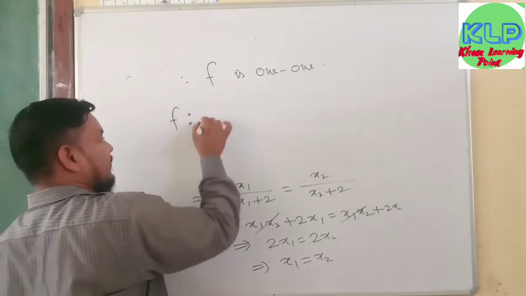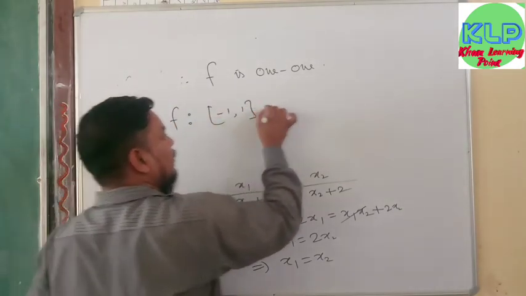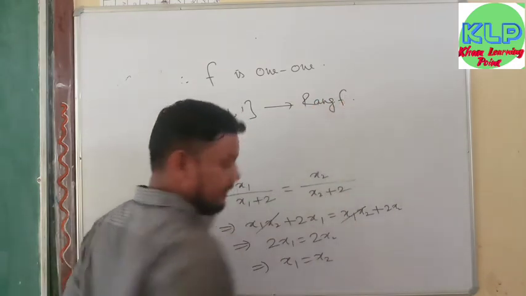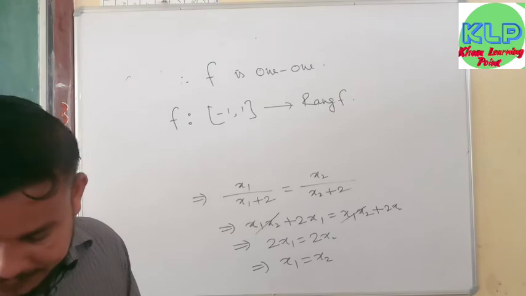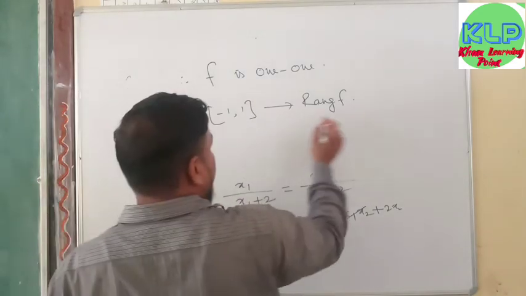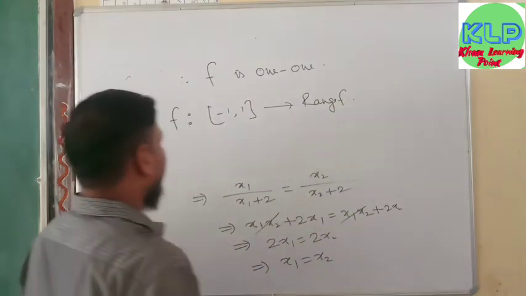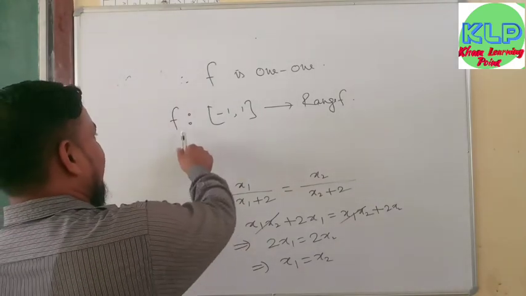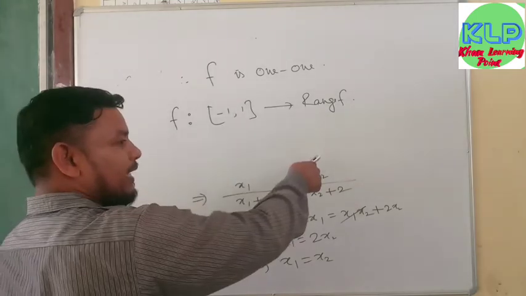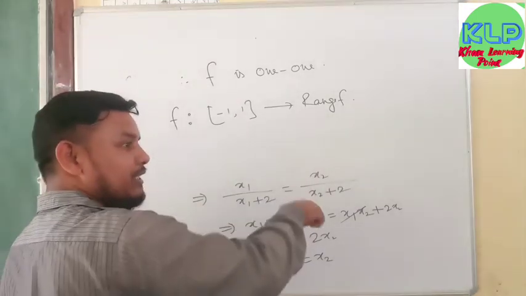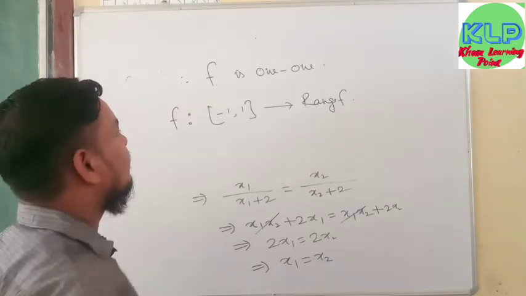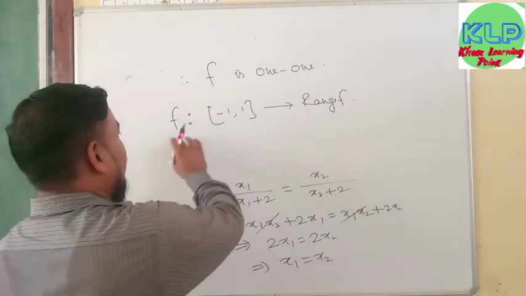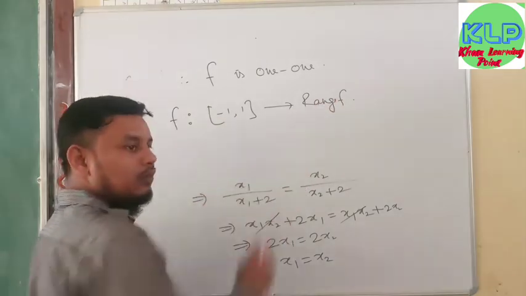This is the first part, and the second part is to find the inverse of f, where f is a function from -1 to 1 to the range of f, where f is a function from the domain to its range. We know that every function of this type, where the codomain is the range of the function itself, is obviously onto, therefore no need to show that the function is onto.